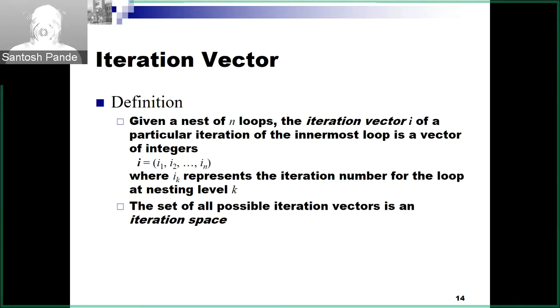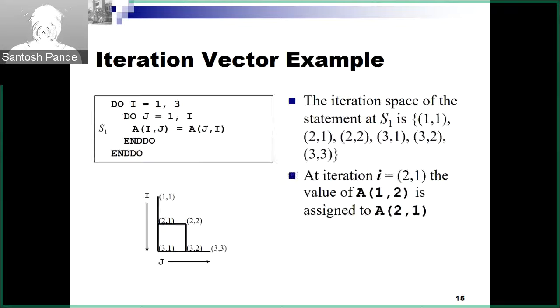So this vector shows a particular element in the iteration space in an ordered way, where I1 is the outermost loop's iteration, I2 is the inner one, and IN is the innermost one. The set of all such vectors shows you the iteration space.